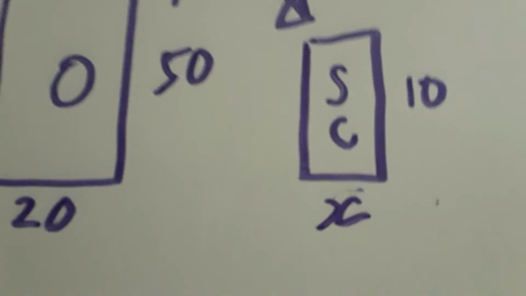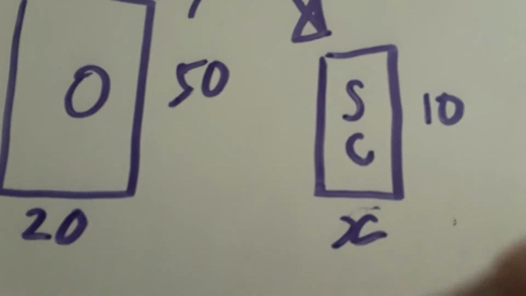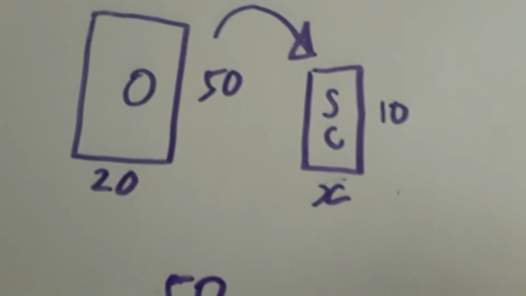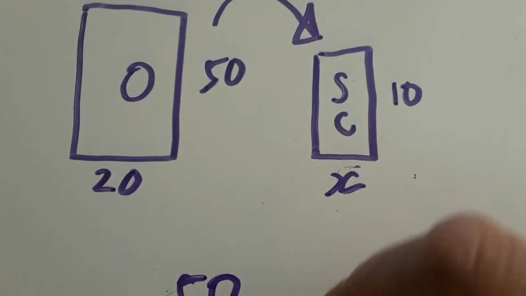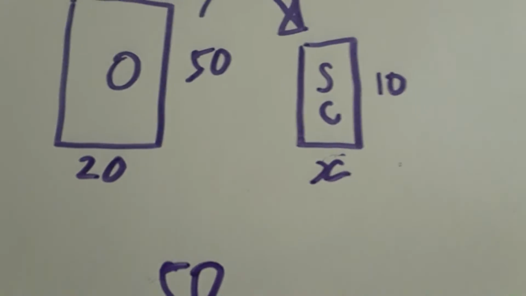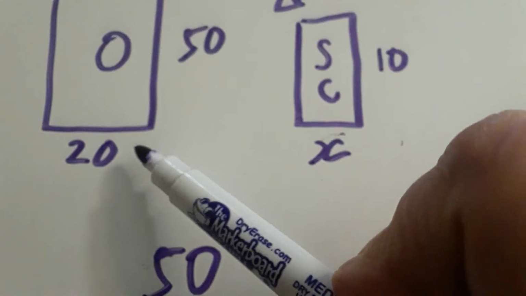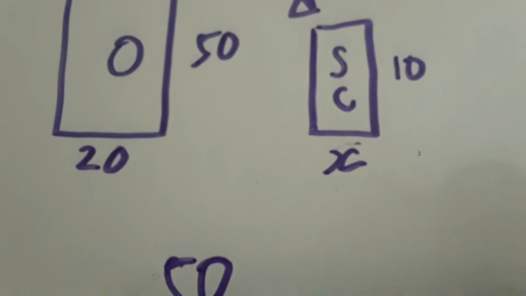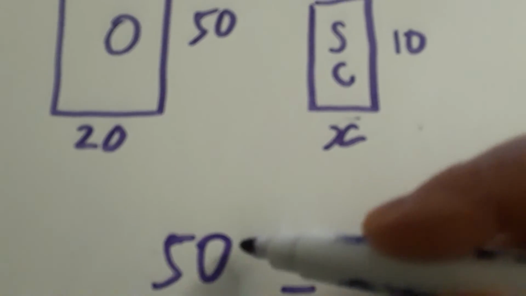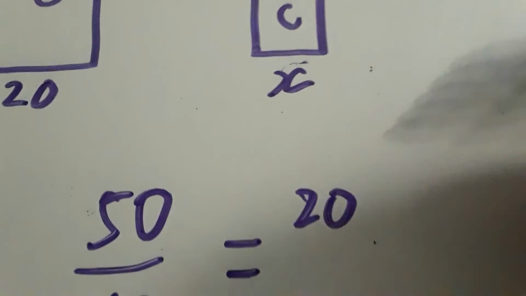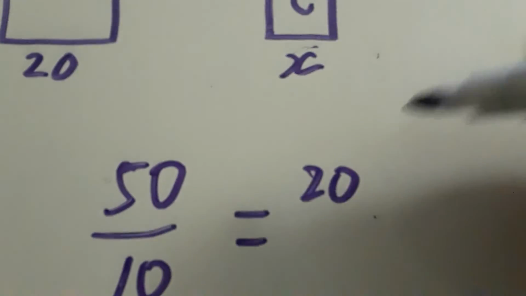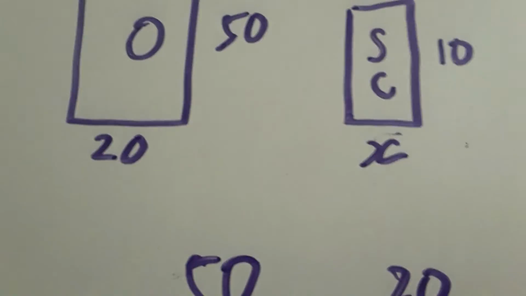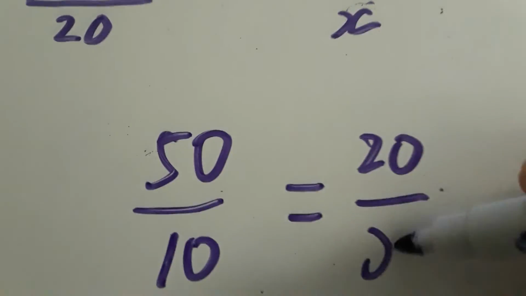So let me set up another proportion. This time I'm going to compare the length of the first rectangle to the length of the second one. So instead of comparing 50 to 20, I'm comparing 50 to 10. And I've got to make sure I put them in the right spot. Because I put 50 on top here, I've got to put 20 on top here. And then because I put 10 on the bottom over here, I've got to put the X on the bottom there.